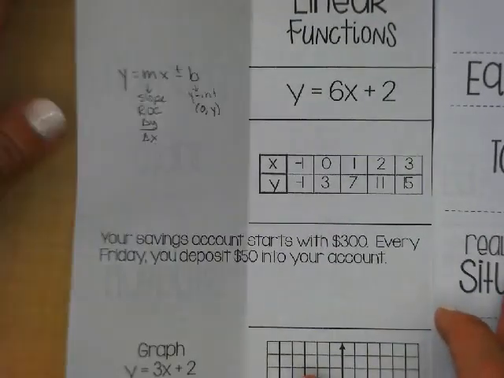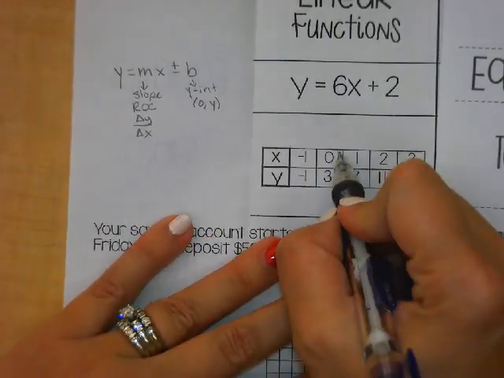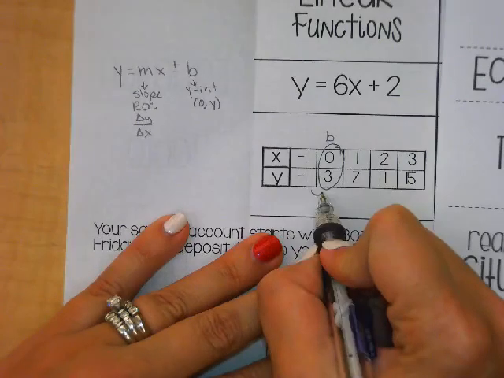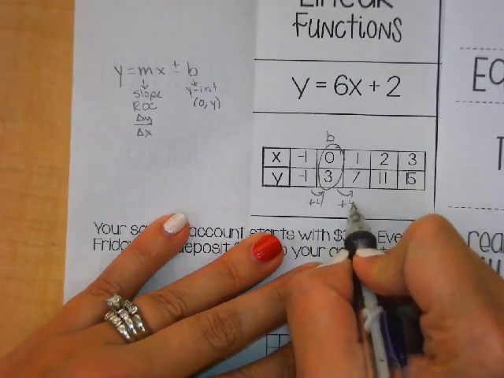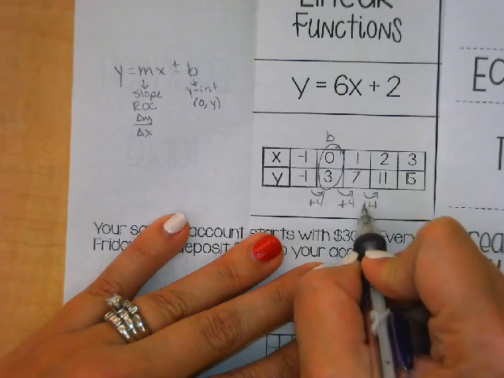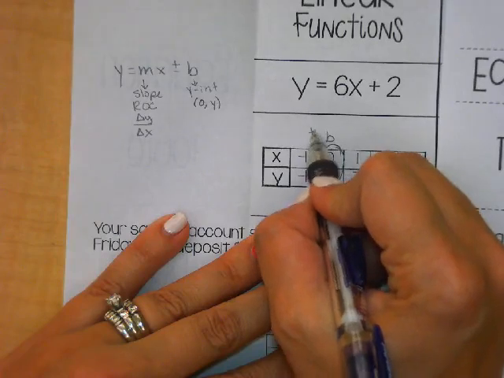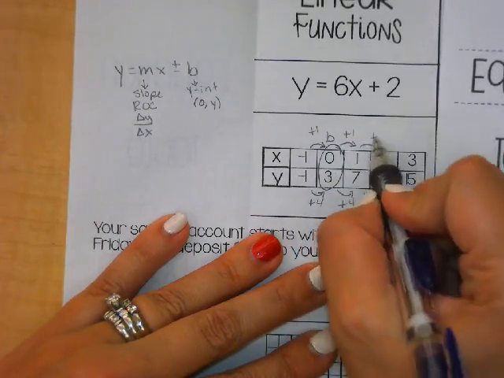When we look at a table that is linear, here is our b value. And then we have plus 4 for our change in y, and plus 1, this is our change in x.